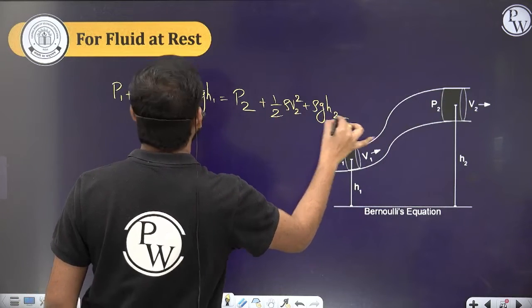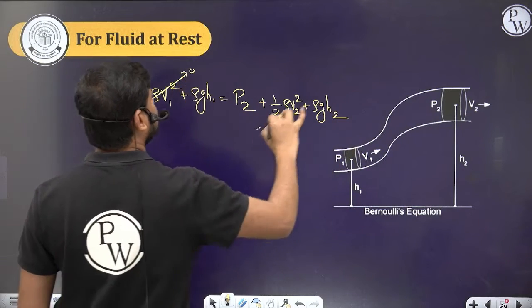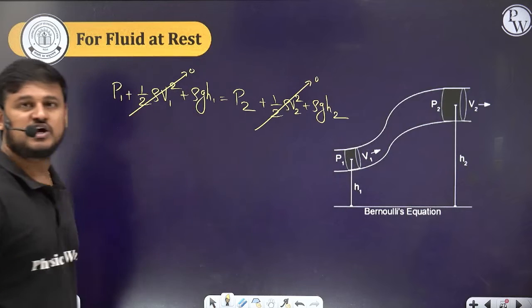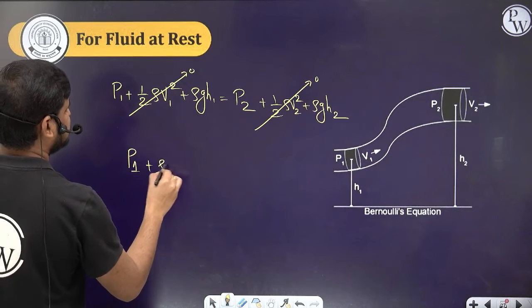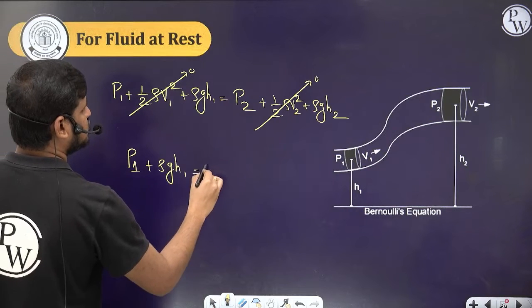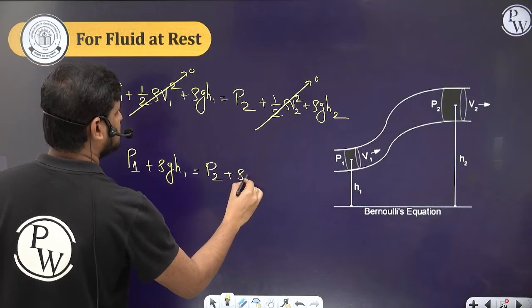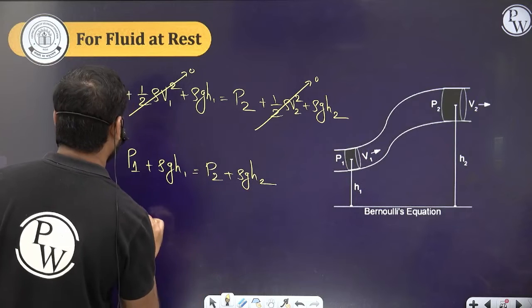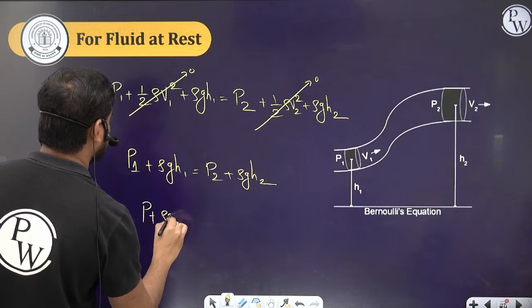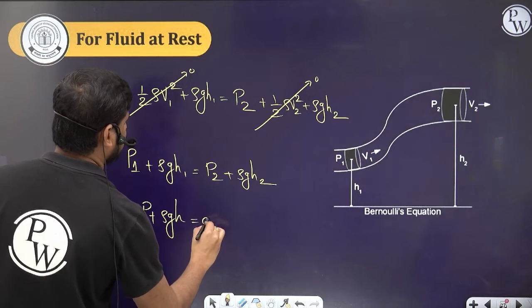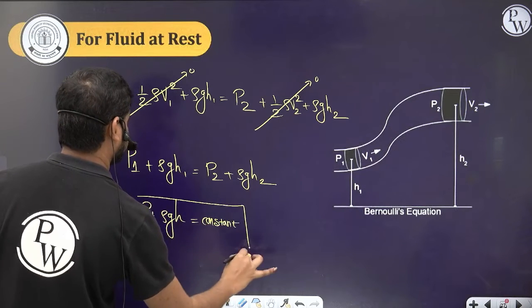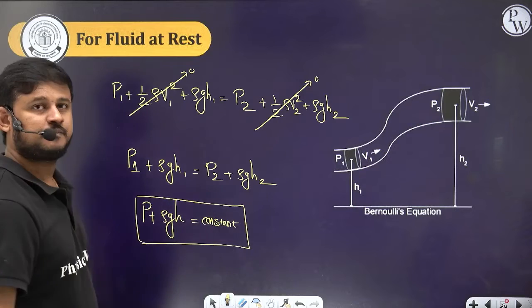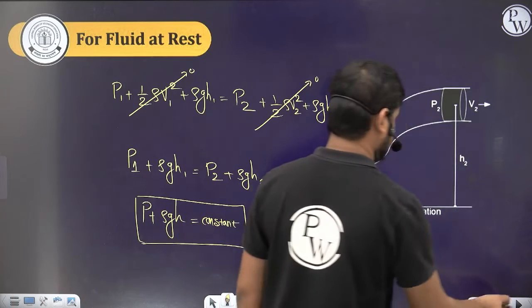If the fluid is at rest, the velocity terms V1, V2 will become 0. So P1 plus rho g h1 equals P2 plus rho g h2. Simply, P plus rho g h is going to be constant if the fluid is at rest. Done? Clear, guys?